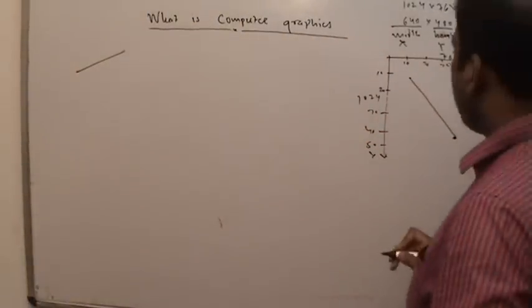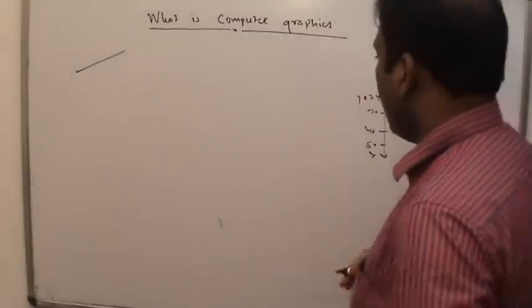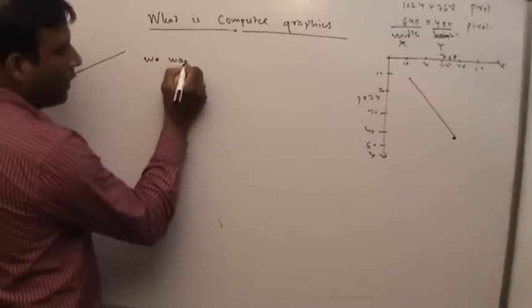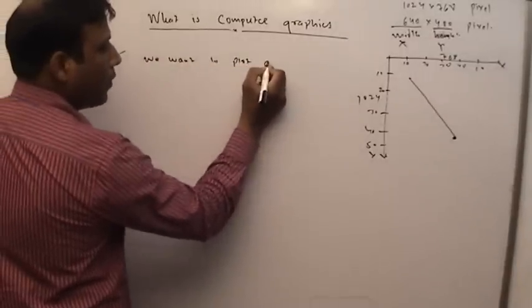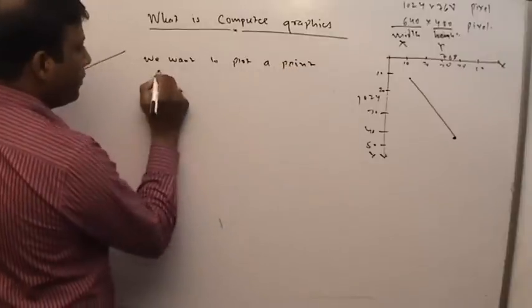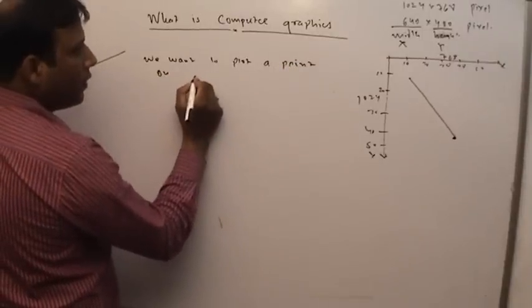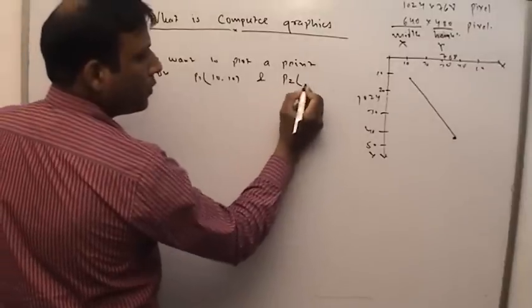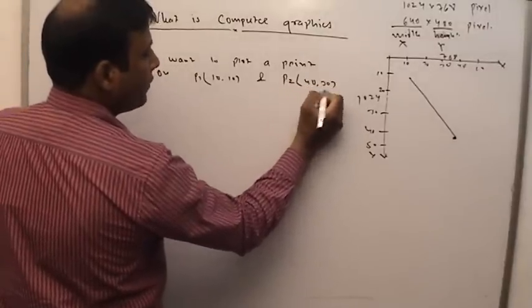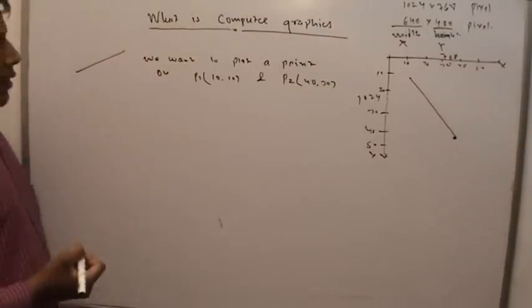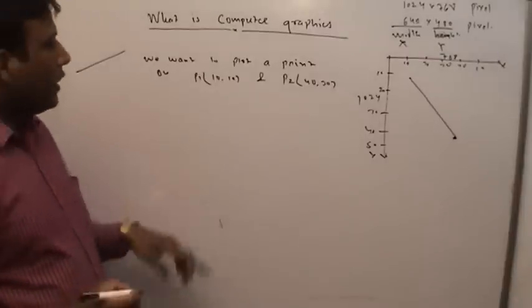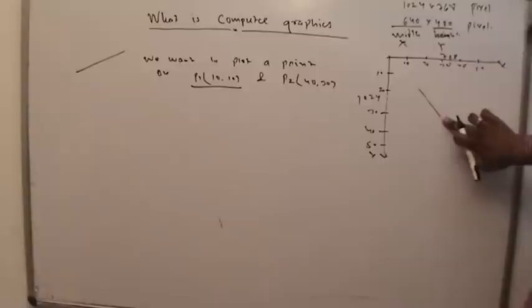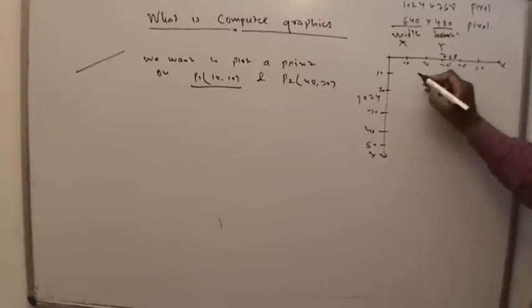We can plot a point P1 at 10, 10 and P2 at 40, 30. First we find the origin of point 1, which is 10, 10.